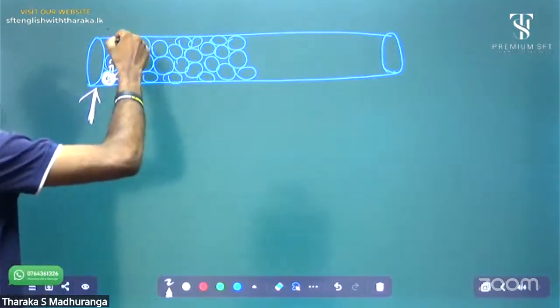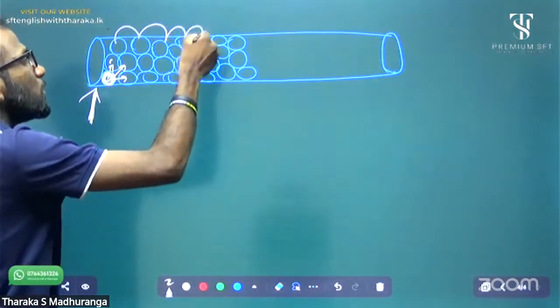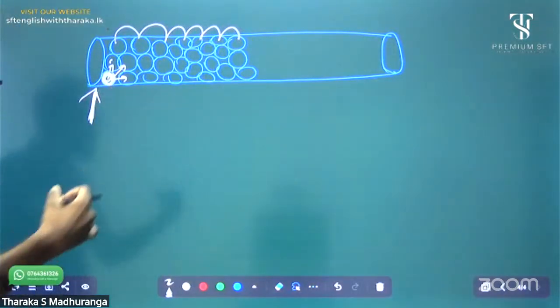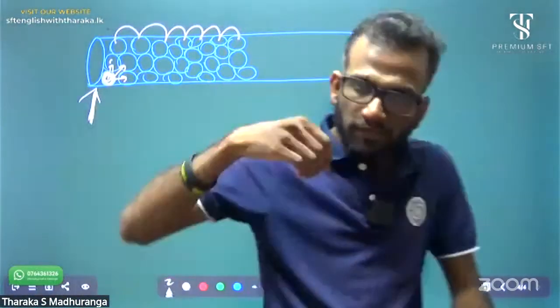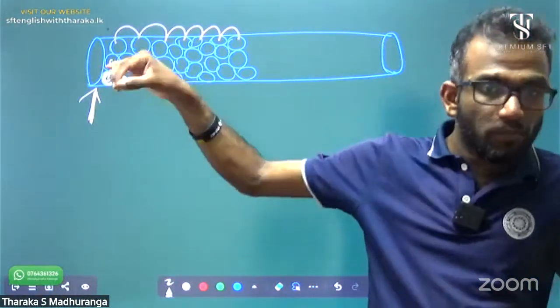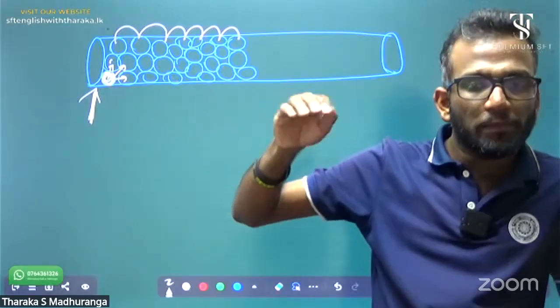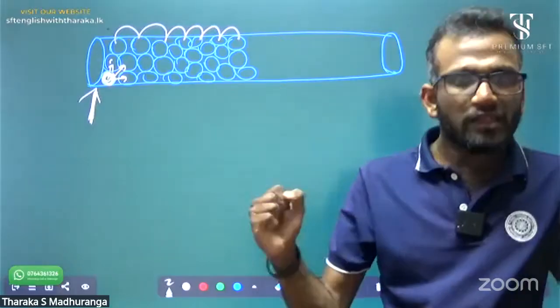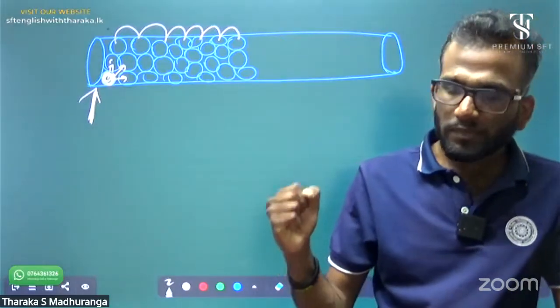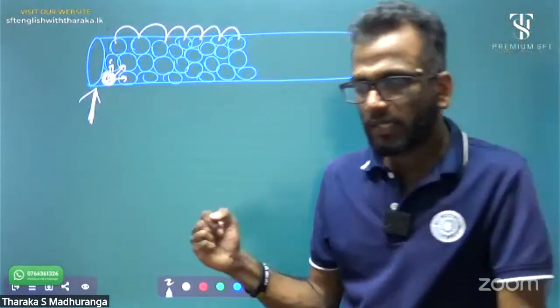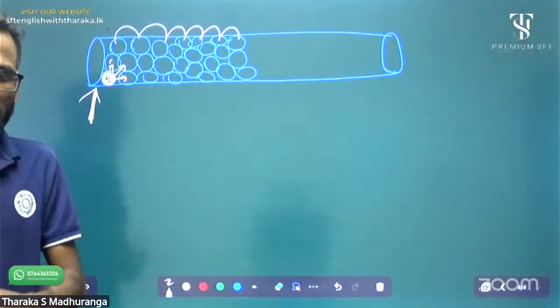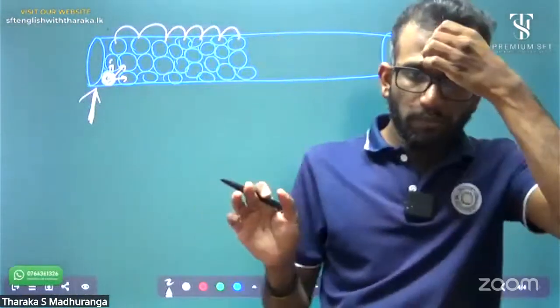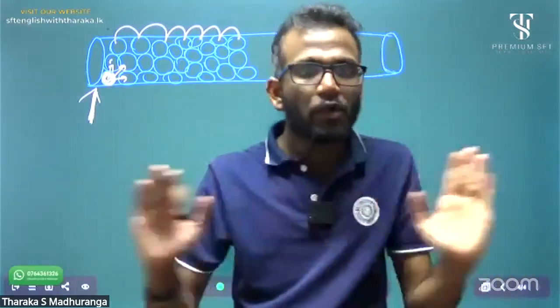Understood? Molecule to molecule. There is no net molecule movement. That means molecules stay in the same place, only vibrate, and molecule to molecule thermal transfer we call thermal conduction. The thing you need to remember in conduction is no net molecule movement.